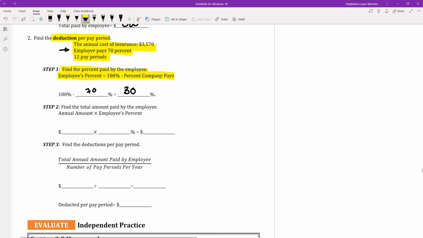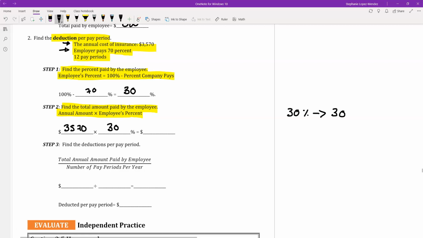On step number 2, I need to find the total amount paid by the employee. Again, I'm using the formula annual amount times employee's percent. The annual amount is the annual cost given by the problem, $3,570, multiplied by the employee's percent, which we just found on step number 1, 30%. We cannot work with a percent, so I'm going to convert it to a decimal.